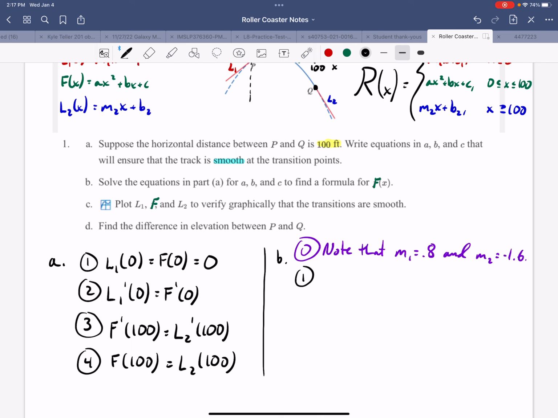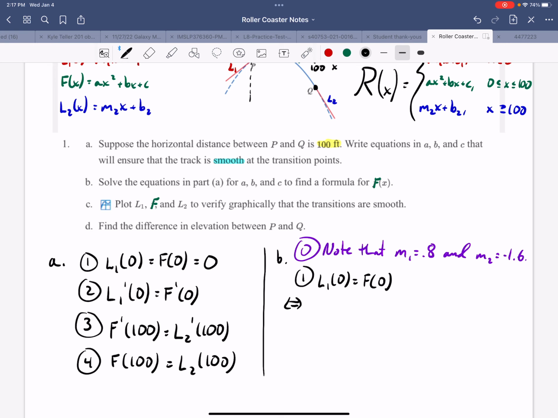Now we go to step 1, equation 1, right? L1 of 0 equals F of 0. Well, let's see what that equals.